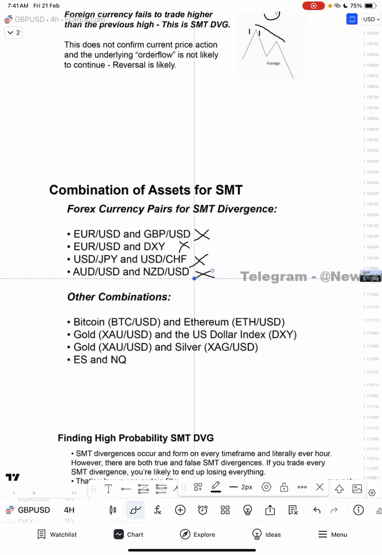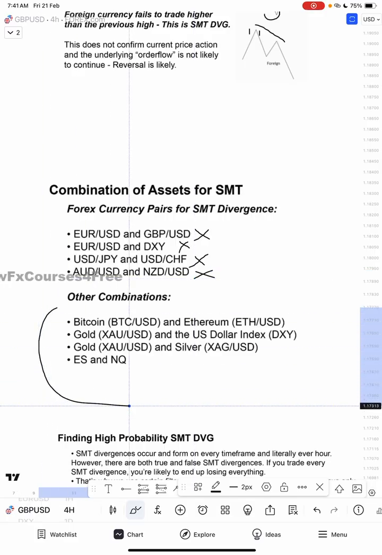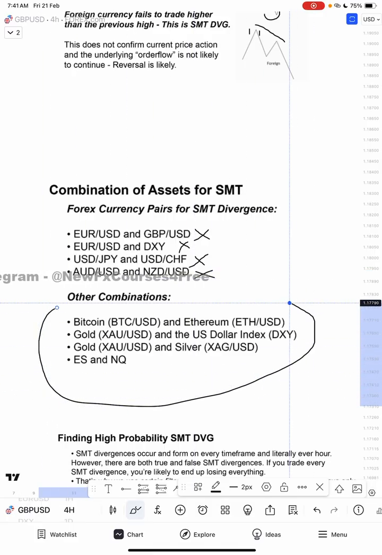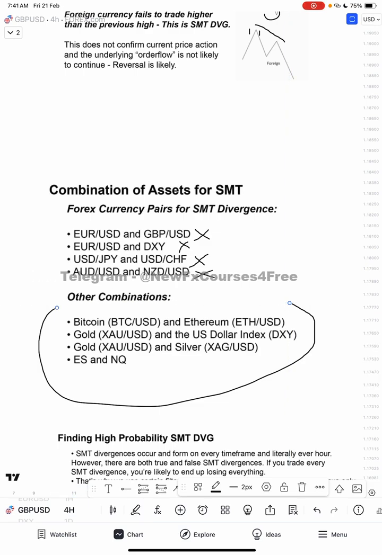Then for other combinations, if you are a crypto trader, a futures trader, or a commodity trader, this is for you. So Bitcoin, you look at Ethereum. Gold, you look at the US dollar index. Gold, you also look at silver. Then ES, you look at Nasdaq.